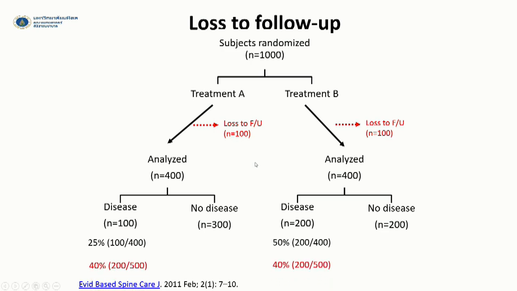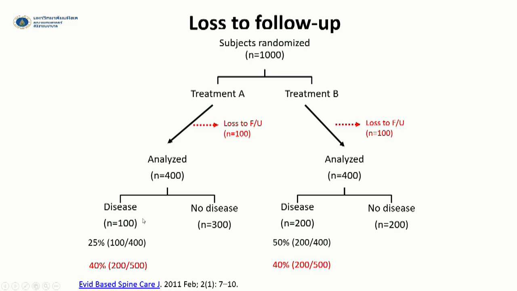And I want to mock the result out. If we call them back, the final assumption and outcome is that all 100 that you call back in group A show that they were lost because they got sick and didn't want to go on with the research anymore.